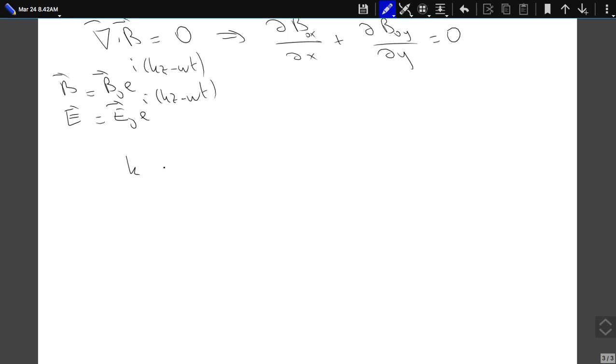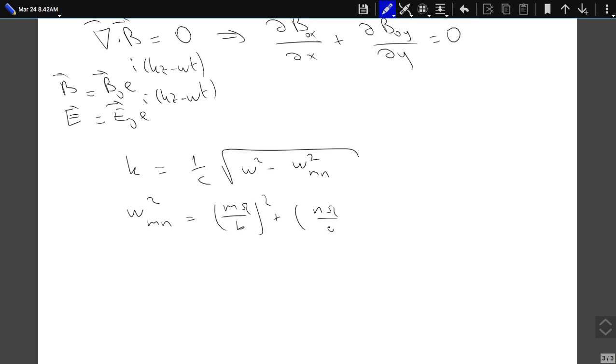Now, what are these frequencies? We said that the possible values of k should be 1 over c times the square root of omega squared minus omega_mn squared, where we define omega_mn squared as (m pi over b) squared plus (n pi over a) squared. Let me also write the z component of the electric field.